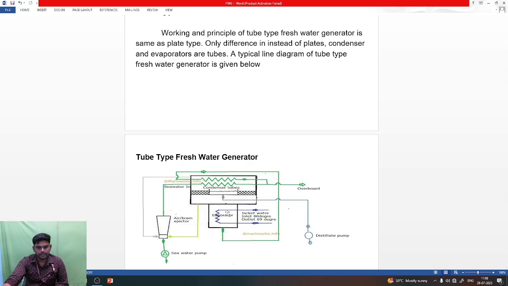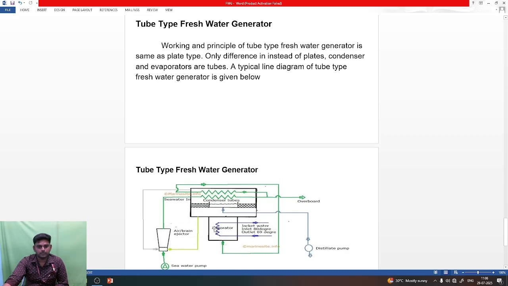After we create a vacuum, the water boils, and the vapor goes to the condenser tubes.